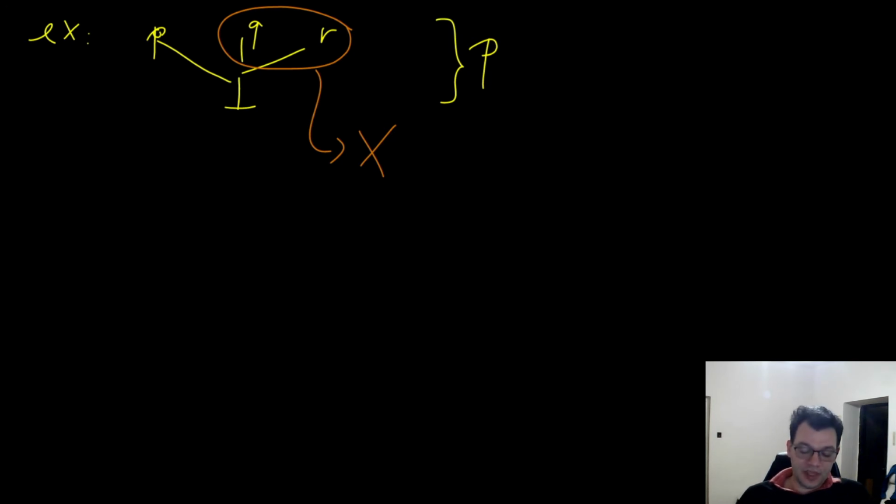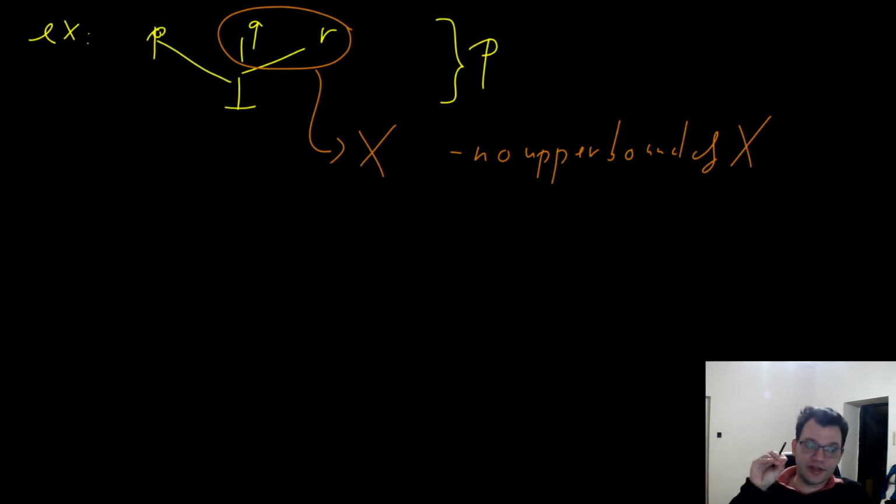Here we have no upper bounds, absolutely. An element is an upper bound of this X if the element is above Q and above or equal to R, but there is no common ancestor of these two. So there is no upper bound of X.